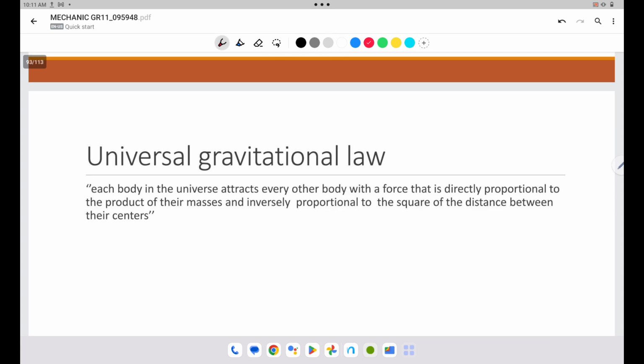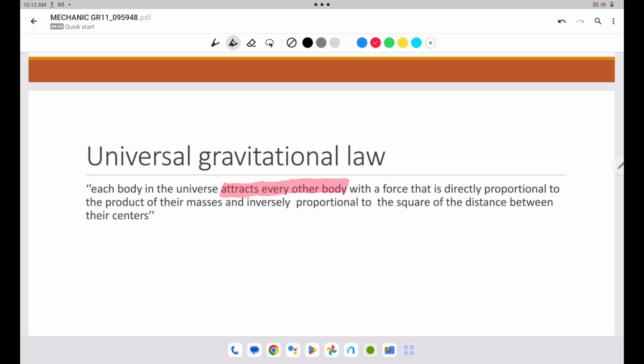So this is Newton's universal gravitational law. This law, according to the examination guidelines, states that each body in the universe attracts every other body. So each body, let me grab a highlighter. Each body attracts every other body.